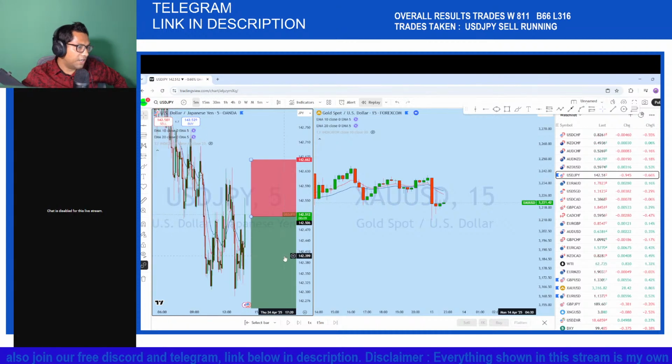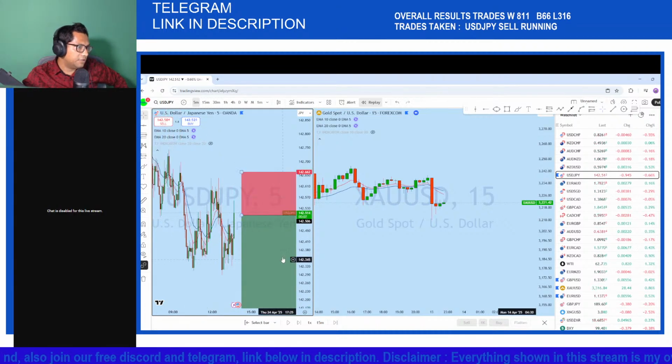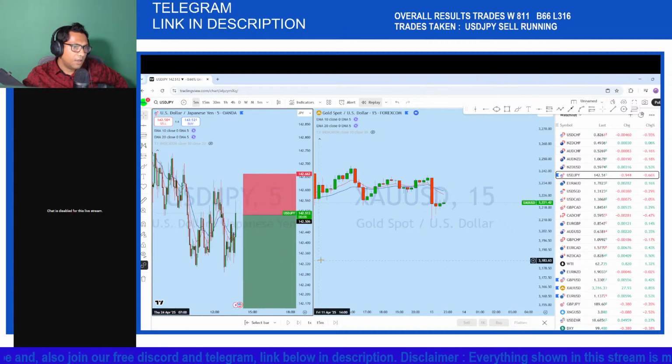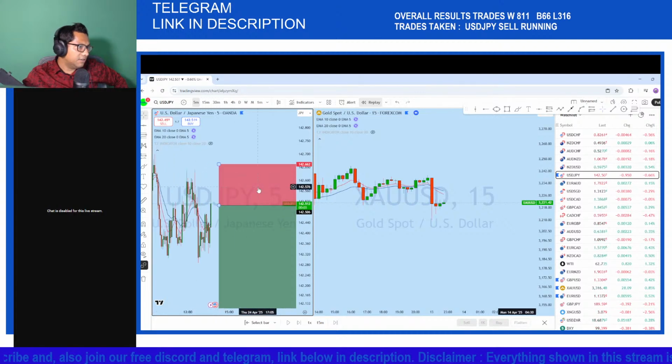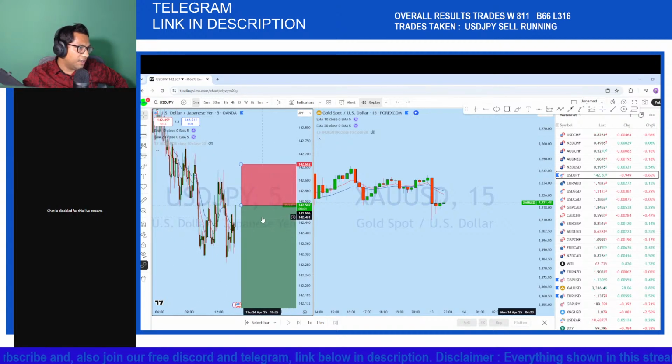Now with this bullish bias, there is a long wick, and so this candlestick pattern is showing a little bullish bias.